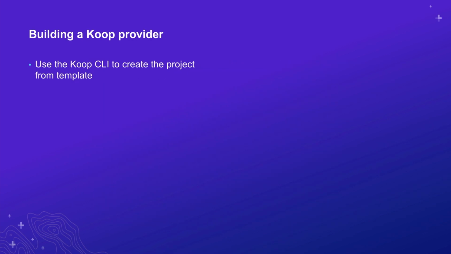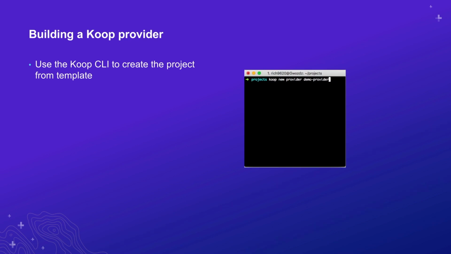If you want to build your own Koop provider, the easiest way to get started is to use the Koop CLI to create a provider project from a template. Just type in koop new provider, and whatever the name of your provider is going to be, and the Koop CLI will generate a project directory with all the needed files and an associated Git repository.